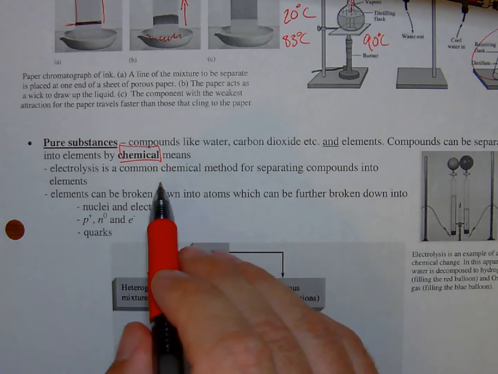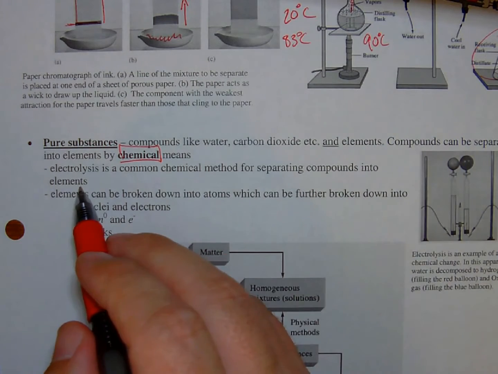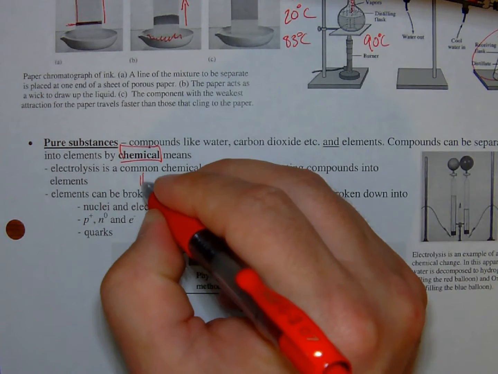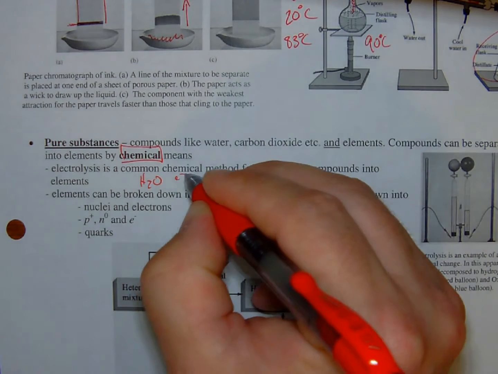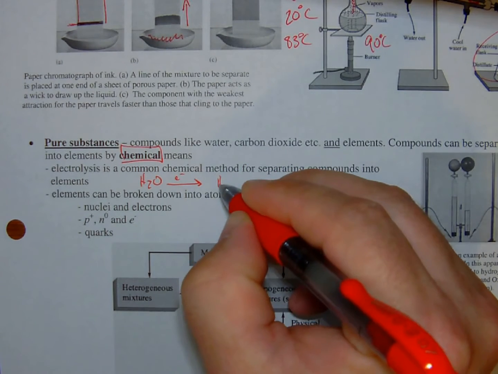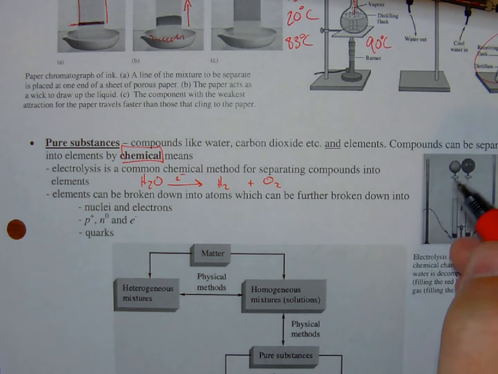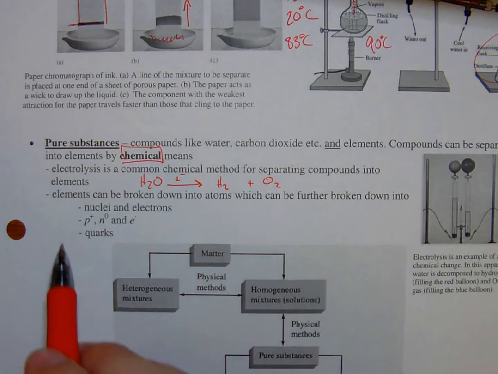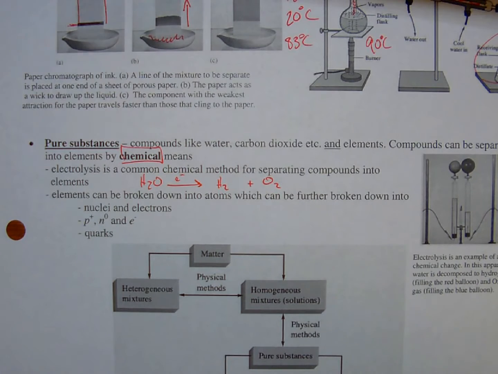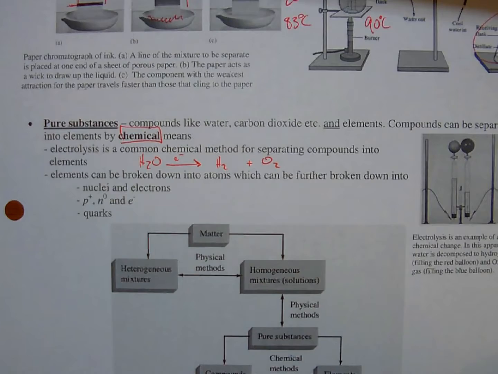Electrolysis is a common chemical method for separating compounds into elements, right? Remember, if we take H2O and we add an electrical current, we will actually generate O2 and H2 gas. Right? That's not balanced. Don't worry about that. We can even break down elements even further if we were to use some really, really intense means.